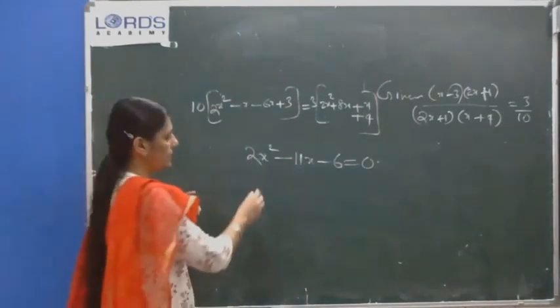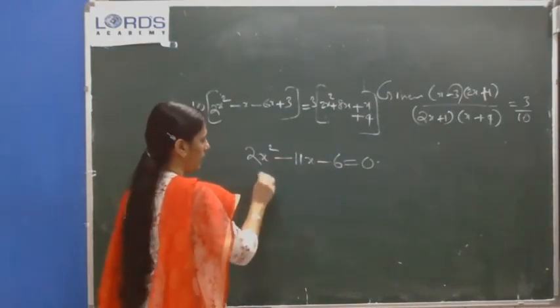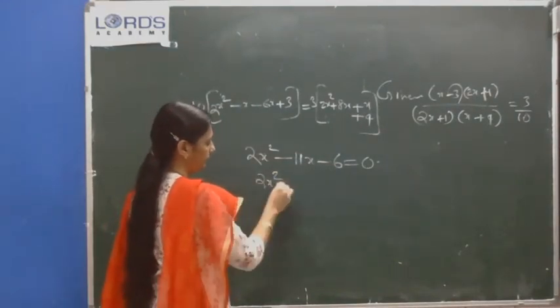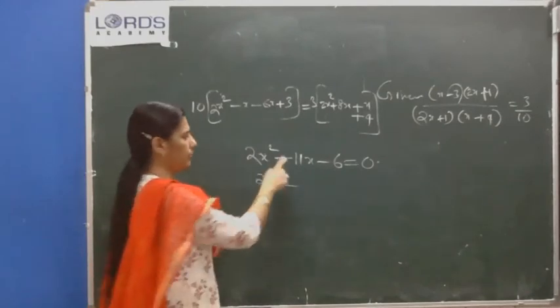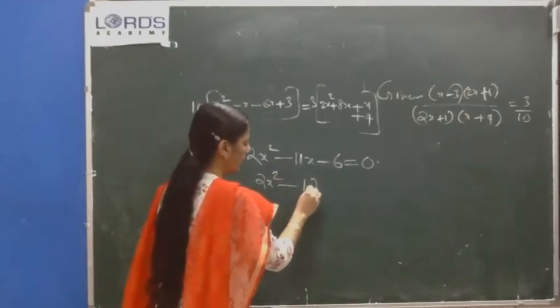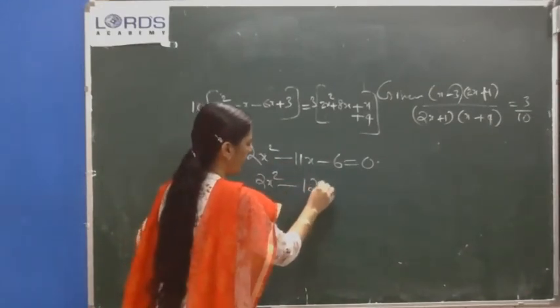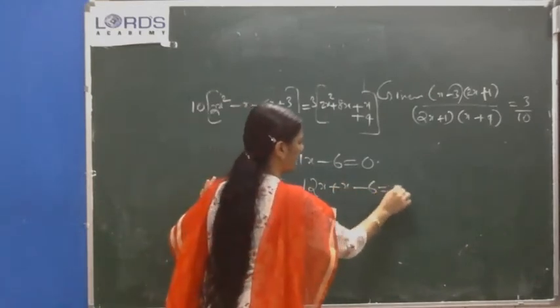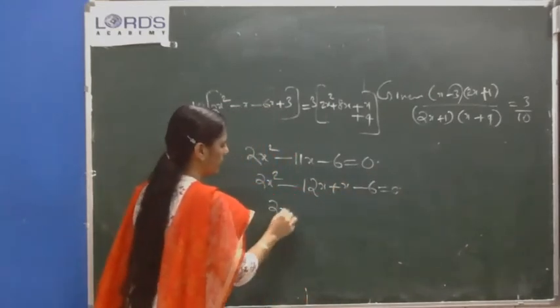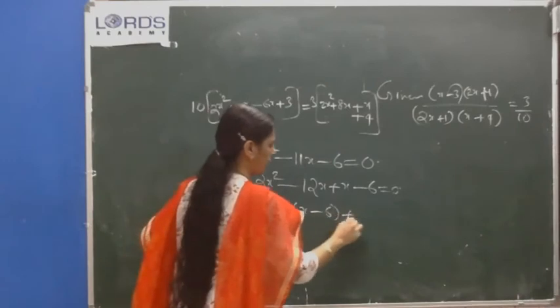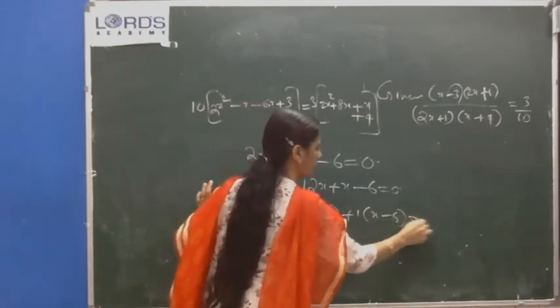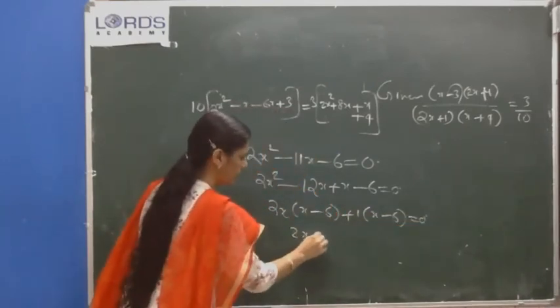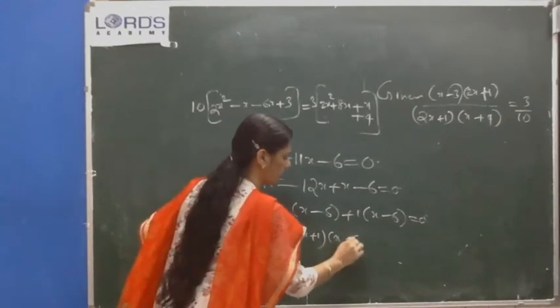Good. X is 6. Okay, 2x square, here product should be negative 12, sum should be negative 11. So negative 12 plus 1 is equal to negative 11. You get 2x into x minus 6 plus 1 into x minus 6 is equal to 0. That is 2x plus 1 into x minus 6 is equal to 0.